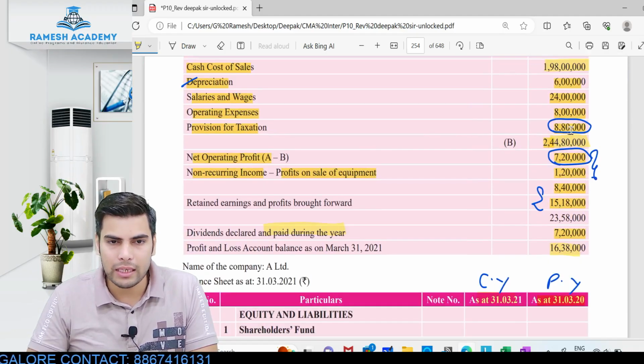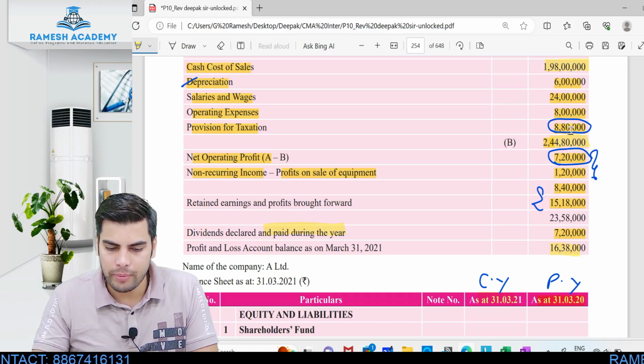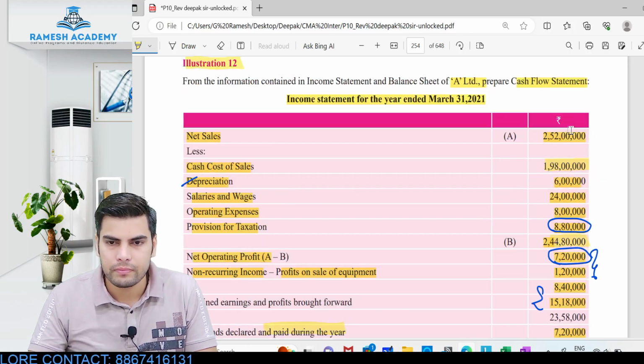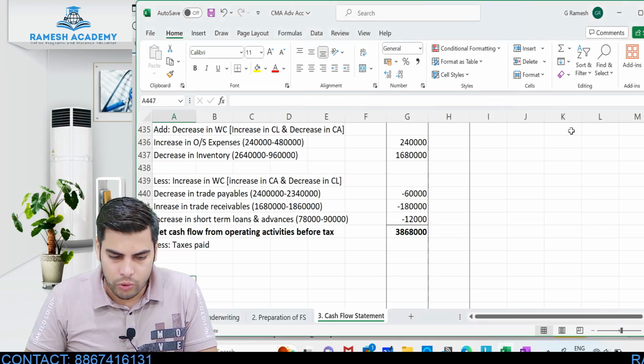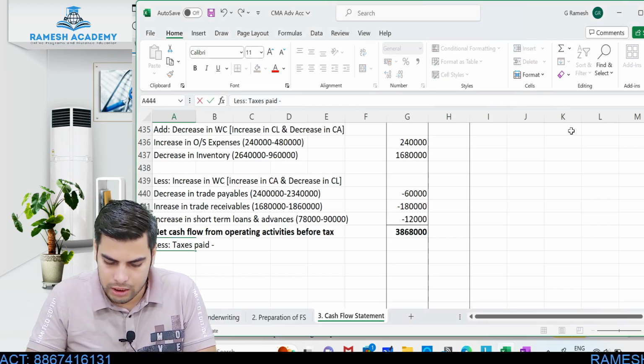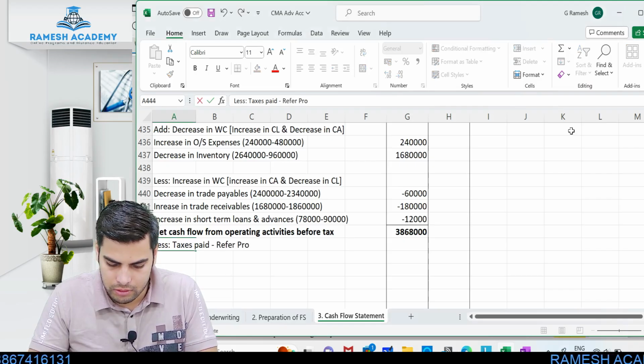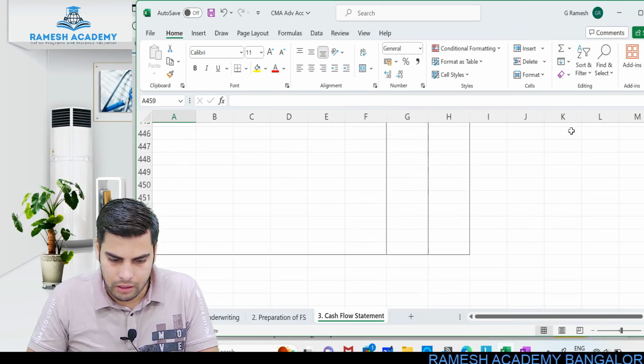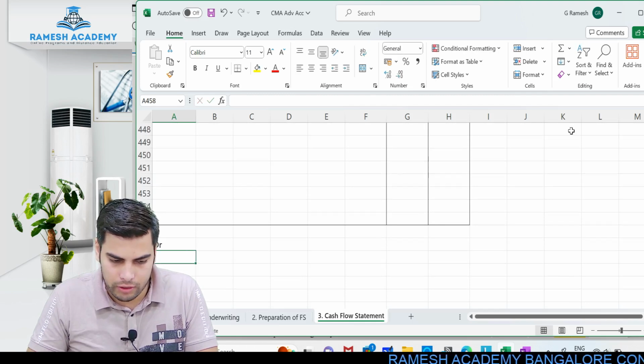This is not the tax which is actually being paid. We need to literally calculate the tax which is actually being paid. Let me show you how to calculate this. Refer provision for tax account. I'll be preparing this provision for tax ledger.